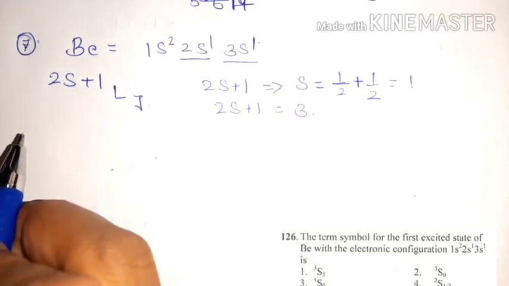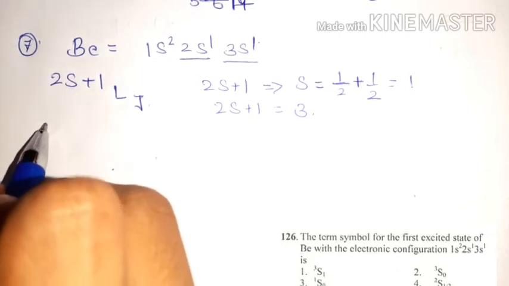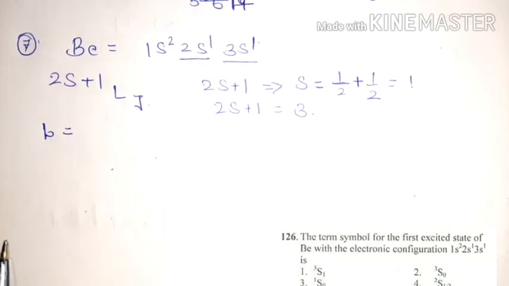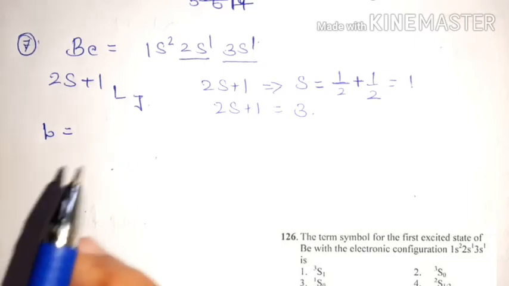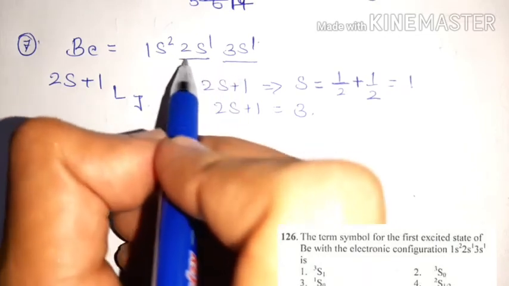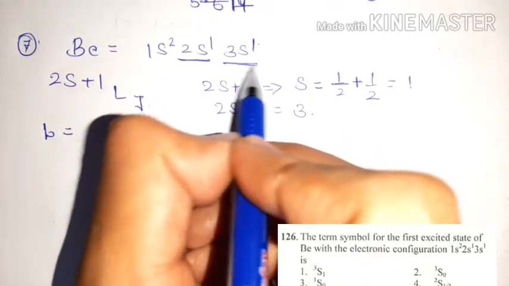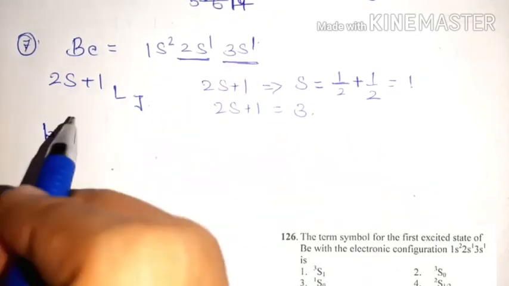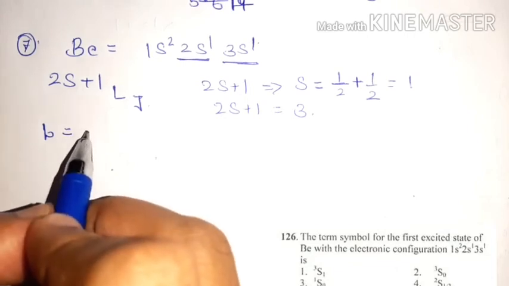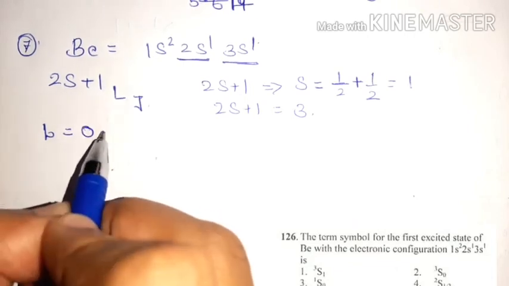Now we must find the value of L. The value of L will be the sum of the azimuthal quantum numbers of orbitals in which the unpaired electrons are present. Okay, and in this electronic configuration, both unpaired electrons are present in s orbitals, and the value of azimuthal quantum number l is 0.